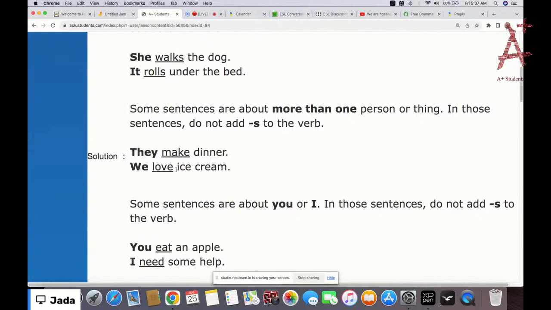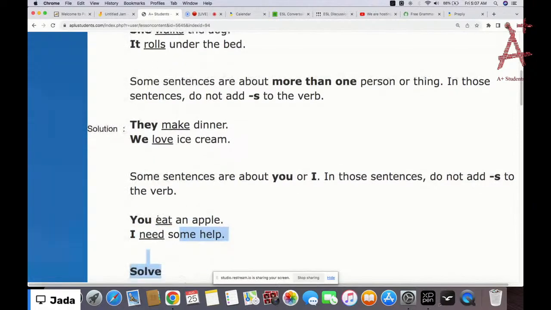Now the verb there is love, but we cannot add an s to the verb. Why? Who loves the ice cream? It's we. When we say we, it means that it's more than one person. It could be two people, three people, but it's we. So you cannot add an s to the verb because it's referring to more than one person or thing.